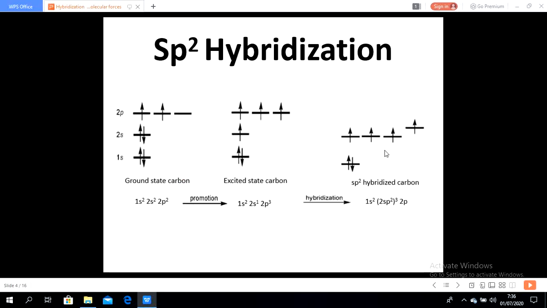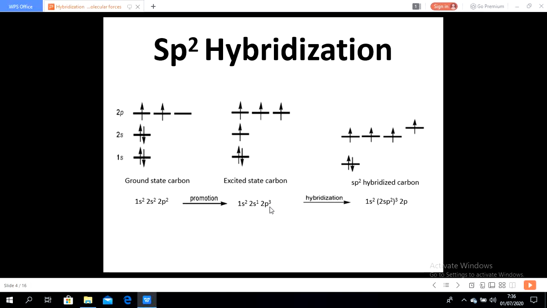sp2 occurs in a double bond. This is the ground state of carbon. And then when this carbon is excited, it is in sp3. Okay, and then how about in a double bond? In a double bond, there is a sigma bond and there is a pi bond.